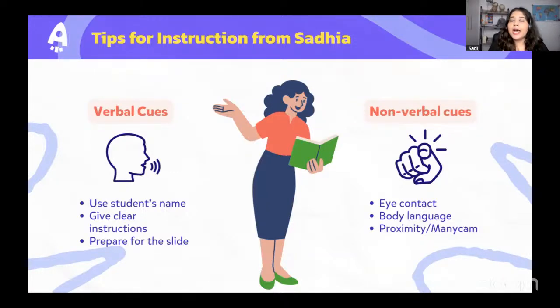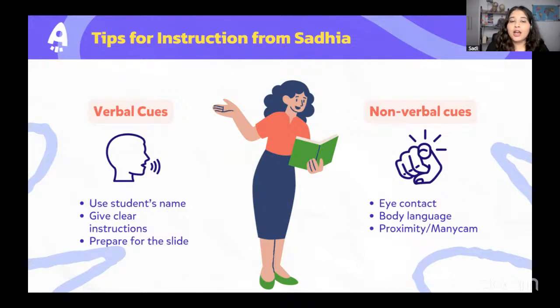You can give clear and short instructions, so instead of long six-word sentences, you can shorten them to two or three words like "please circle," "please read," "please watch." And you can prepare for the lesson, prepare all your slides, and know the lesson so well that you are able to adapt, jump, chop, and change whenever you need to in the class, so you don't get nervous.